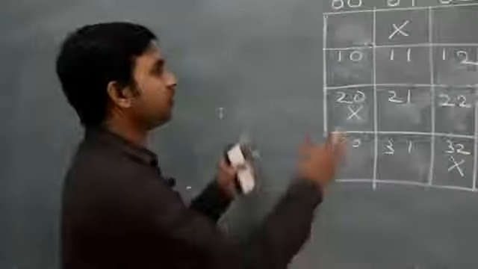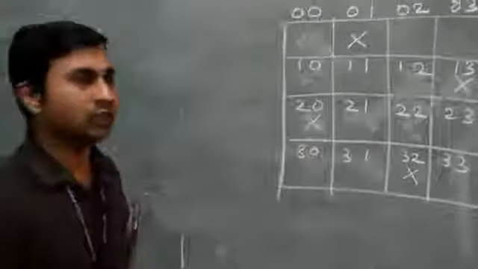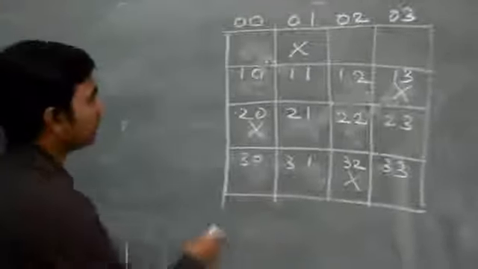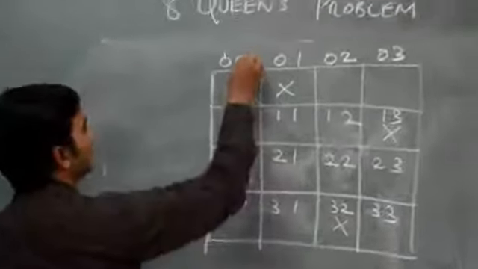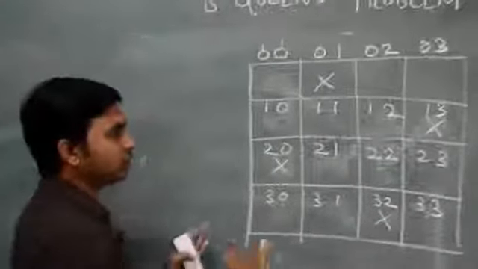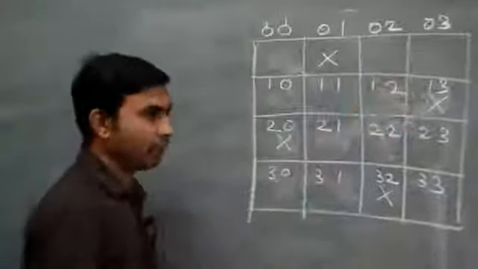So this problem can be easily converted into a program using a two-dimensional array. Here this is the first dimensional index and this is the second dimensional index. So this can be easily converted into a matrix.